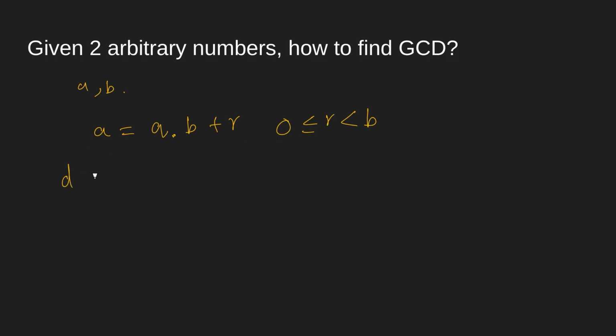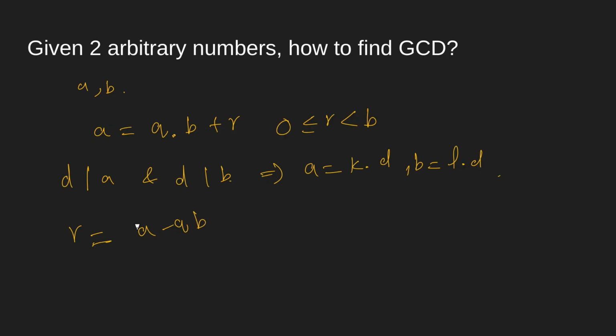If d divides a and d divides b, that's how this symbol is read, we can write a as some quotient k times d and b as some other quotient l times d. And we can rewrite this equation this way: r is equal to a minus q times b.